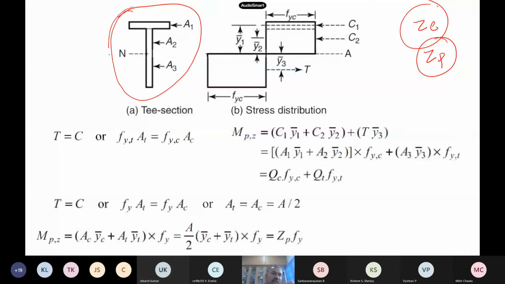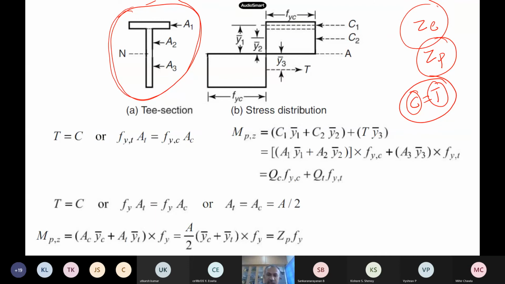If you take a T section, it is not symmetric, right? Generally, what happens is that C has to be equal to T, the compressive zone and the tension zone both have to be equal. When there is plastification, slowly everything gets plastified.